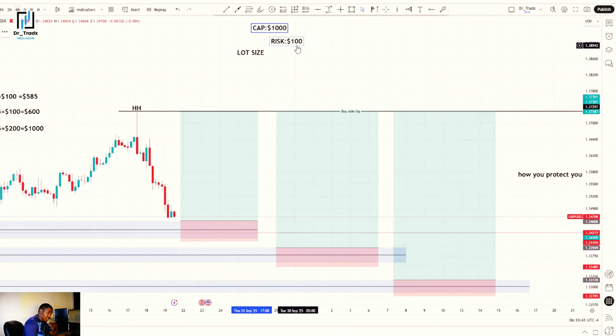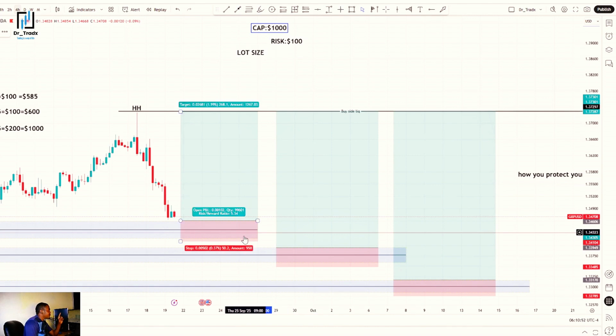So this is how I do it. I look at the risk amount I'm willing to risk, and I calculate the lot size. I look at this distance, how many pips is this?